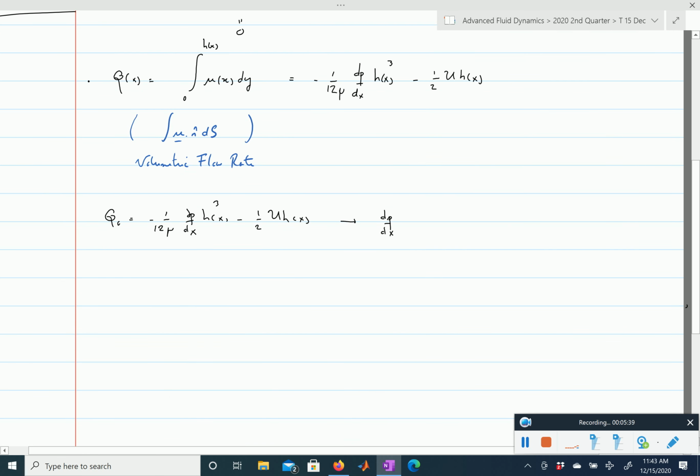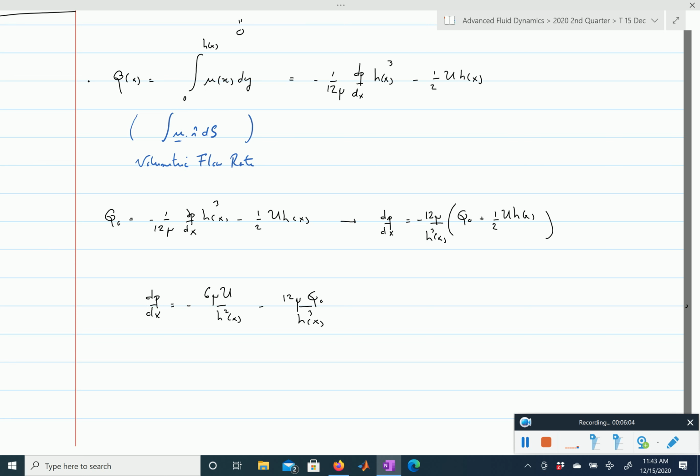So dp/dx is going to be equal to minus 12μ/h³ times Q0 plus 1/2 u h(x). And we can separate the two terms again, one which is due to the Couette flow, 6μu/h², minus 12μQ0/h³ of x.